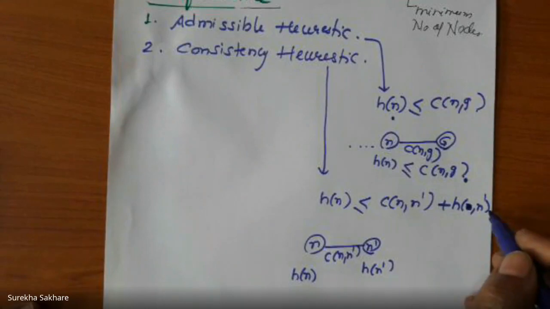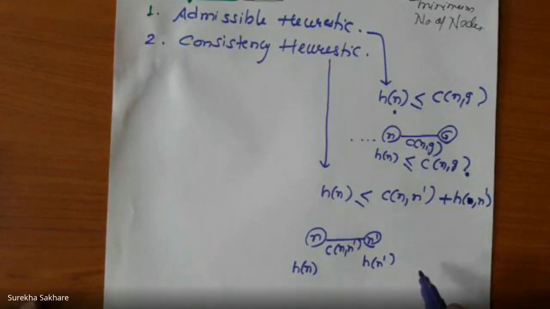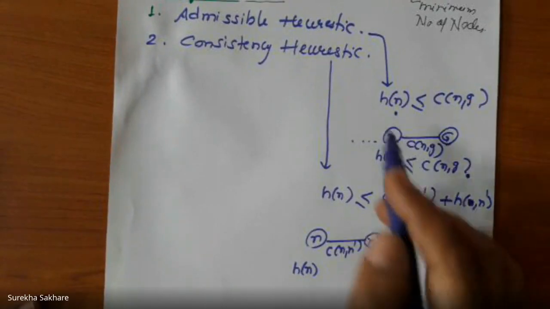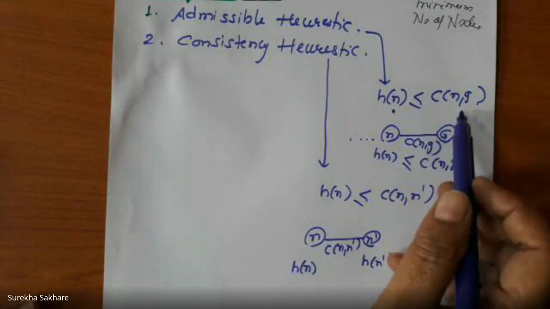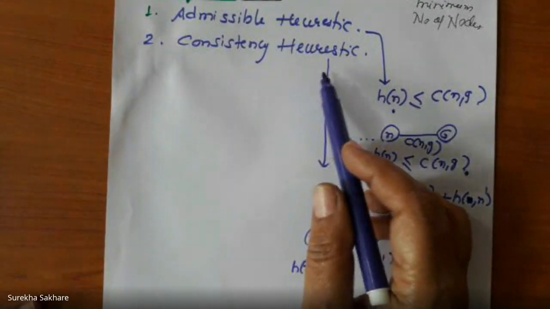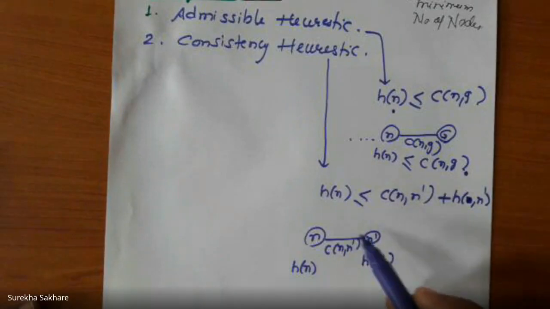The admissible property is one where h should be less than the actual cost to the goal, and consistency is a property where h of n should be less than or equal to the cost between the two nodes plus the heuristic of the further node.